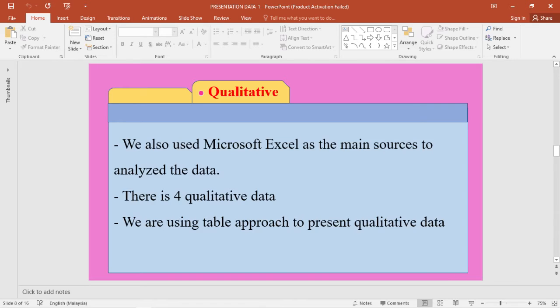For example, we use a variable such as gender, which includes male or female. That is one example of qualitative data. We are using a table approach to present qualitative data. And there are 4 qualitative data that we gathered, which contain the scales of measurement nominal and ordinal.